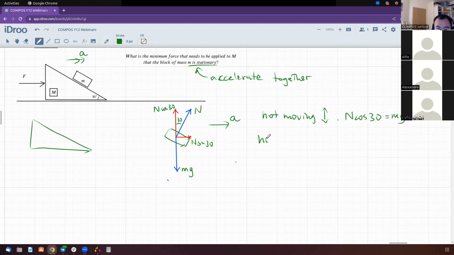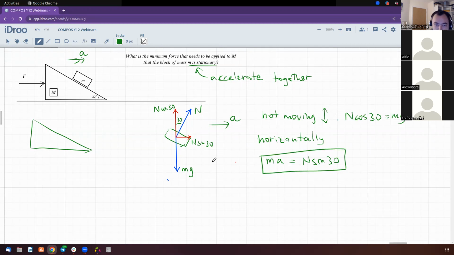Now horizontally, ma is equal to N sine 30. Simple as that. Because that's the only force pushing it horizontally.